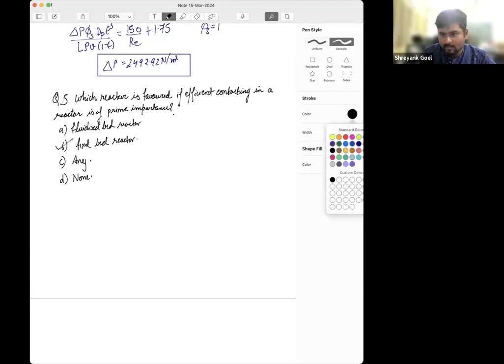In the case of fluidized bed, the particles will flow with the fluid flow, and therefore the contact is not that good compared to the packed bed, where the bed remains stagnant and you will have good contact.